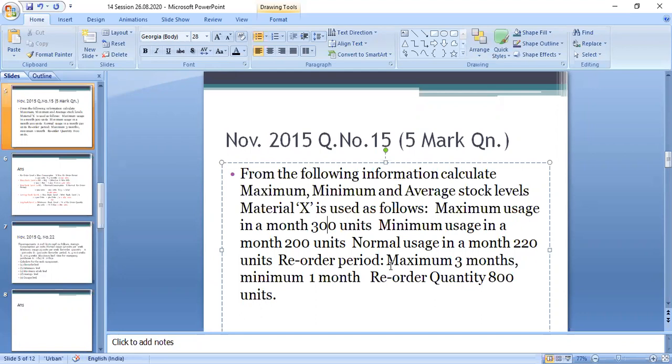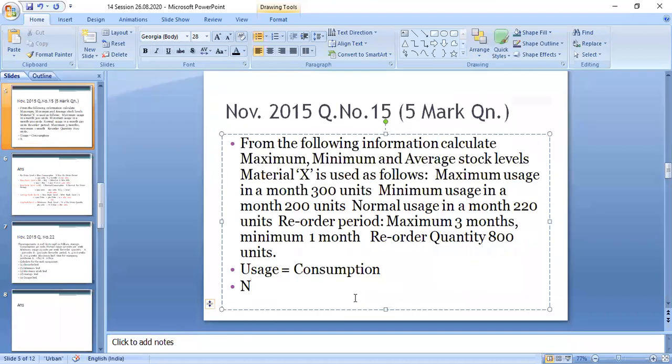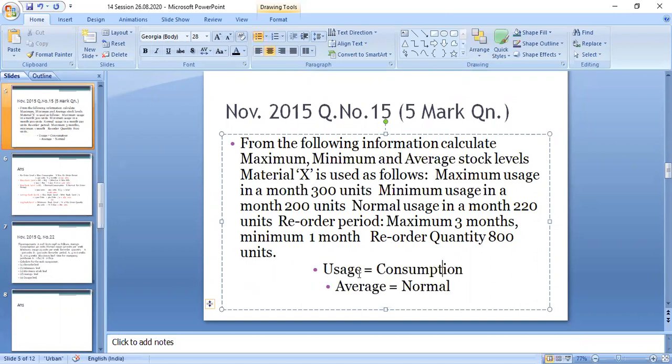So average reorder period can be used interchangeably as the normal reorder period. This is a similarity. Usage you can use as consumption; both have similar meaning. Average is a term you can use for normal also. If normal is not given, you have to use the average in this case. Okay, so this is a question.